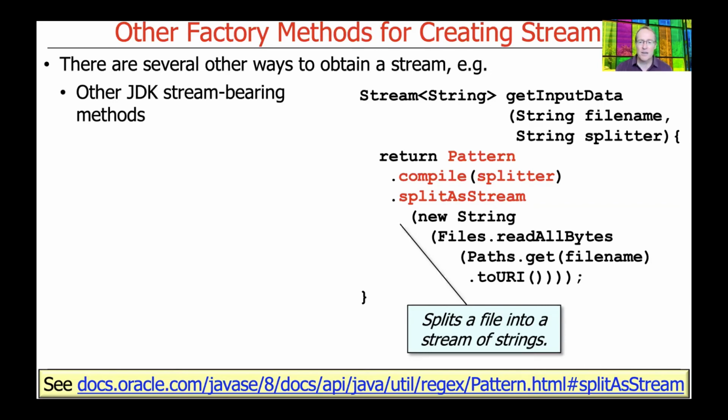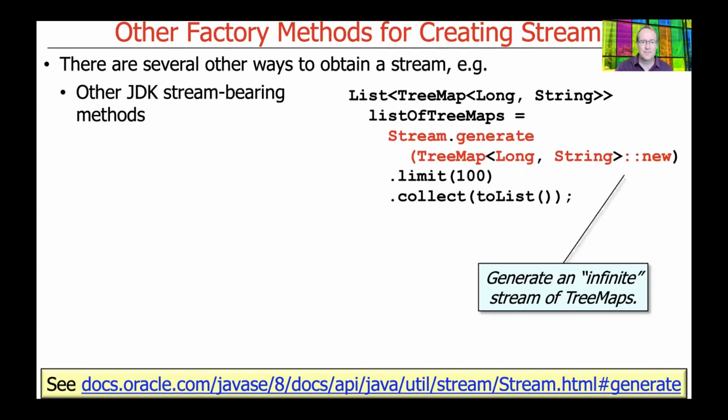And then I use the splitAsStream method on the pattern class in order to be able to split the file's contents, which I read in as a string, into all the different works of Shakespeare. And what I get back is a stream of strings, each of which corresponds to a different work of Shakespeare. So we'll see that when we get a little further along.